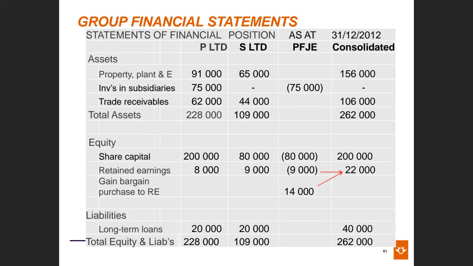It may be confusing because I told you that it's recognized in net profit, which is true, but remember your retained earnings includes your current year profit. So that is why the 14,000 Rand gets included in the 22,000 Rand.